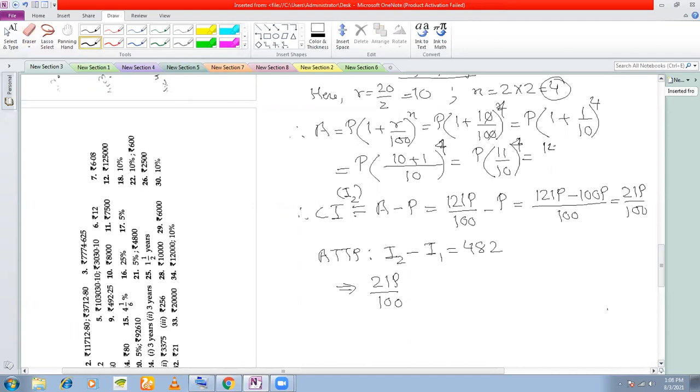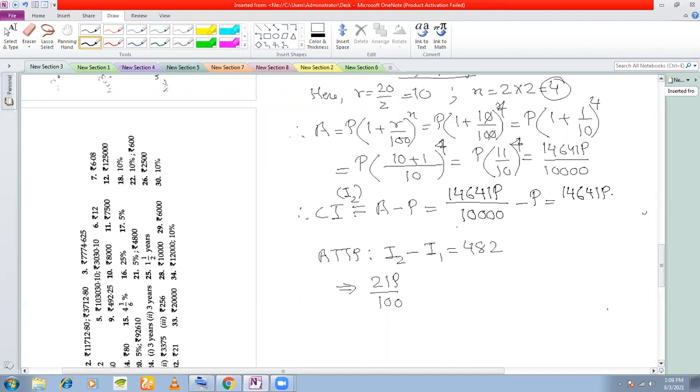You will get 14641P. And 10 to the power of 4 is 1 followed by 4 zeros, that is 10,000. So therefore your compound interest here will be 14641P by 10,000 minus P.